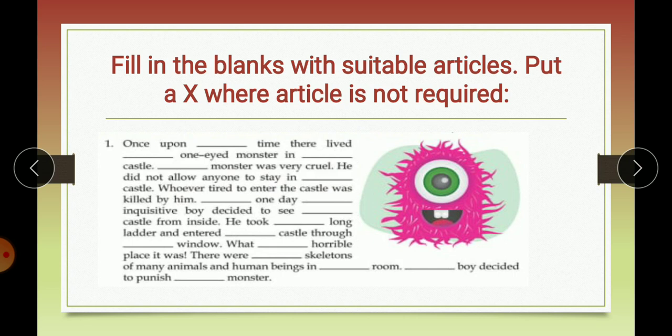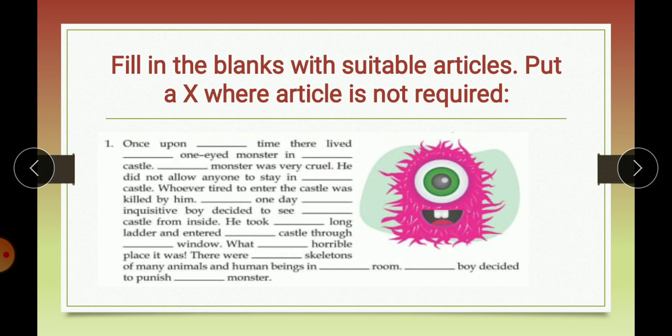Now children, see, in the second line we are putting a castle, but now over here we are putting the castle. The difference is, if you remember the rule, if the same noun is repeated in another sentence, then we put the before it. So first time हम a लगाएंगे और बाद में जब भी वो सेंटेंस में आएगा हम द लगाएंगे. So same thing is here.